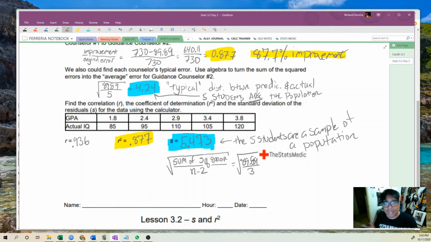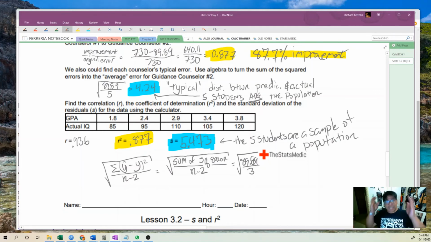I don't know if that's really a great way to think about it or not, but in any case, it's going to be that sum of the squared errors divided by n minus 2. Maybe you want to see that as a formula, and that's the square root of sigma (y hat minus y) squared divided by n minus 2.